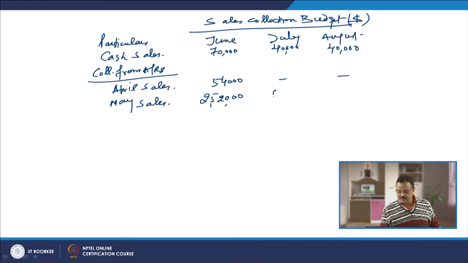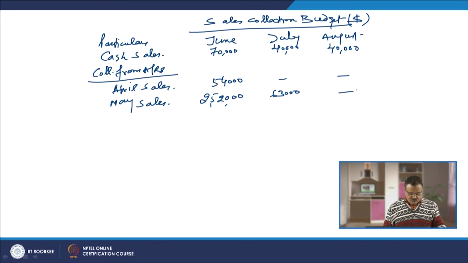That amount will be 63,000. So, the total collection for the May sales: 10% is collected in the month of May itself, 80% in the month of June, and 20% of the credit sales in the month of July. So, nothing will be collected for the May sales in the month of August, right.